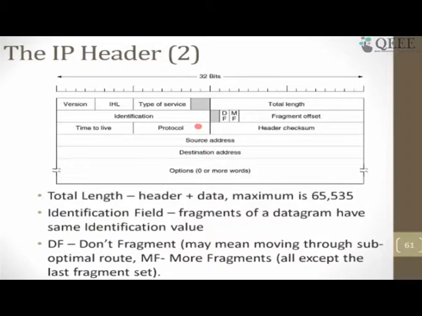Okay. And then the header protocol, what type of protocol is this? Actually now in IP the entire protocol is IP protocol. So, there is no variation here.